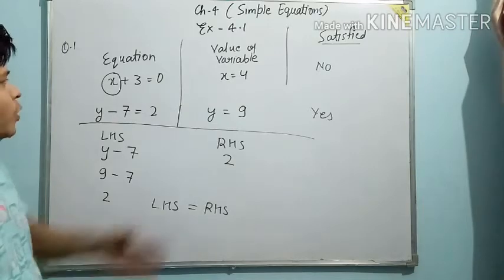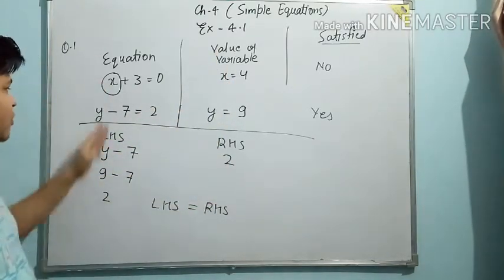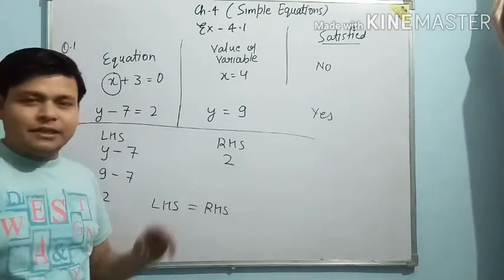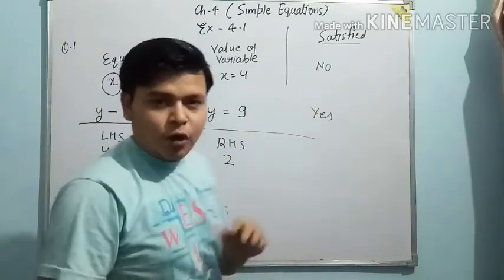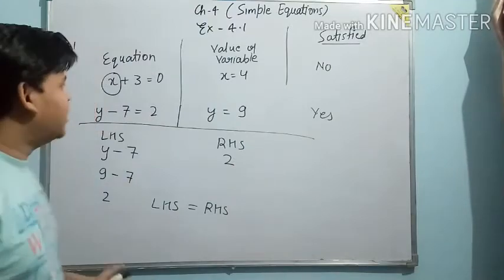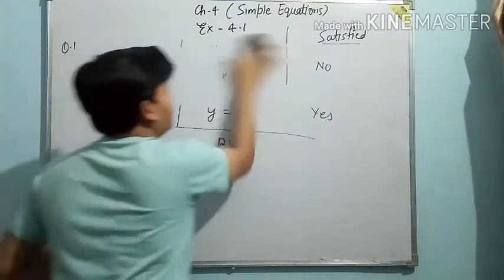So in this way, whatever the values of these variables are which are given here, you will put in place of these variables, and we have to check whether the LHS and RHS are equal or not. If they are equal, you will write yes, and if they are not equal, you will write no. So I hope you all would have understood question number 1. So let's move to question number 2.